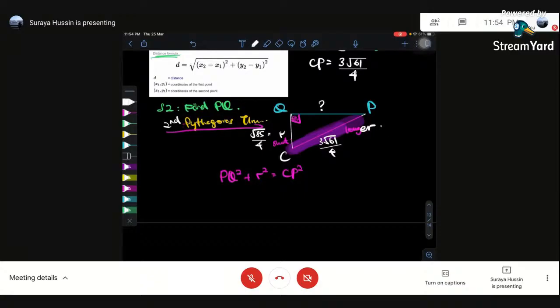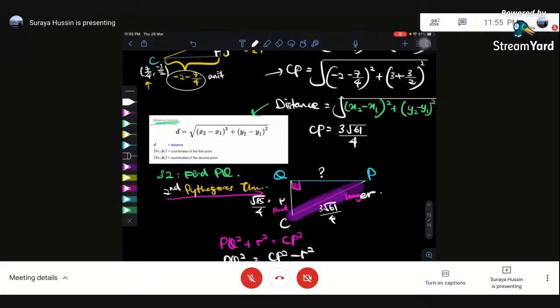Okay, so when it is longer, our PQ we do not know, don't worry. So CP squared minus R squared. PQ we don't know, just leave PQ squared for now. CP you already know, which is 3 square root of 61 over 4. But CP squared?